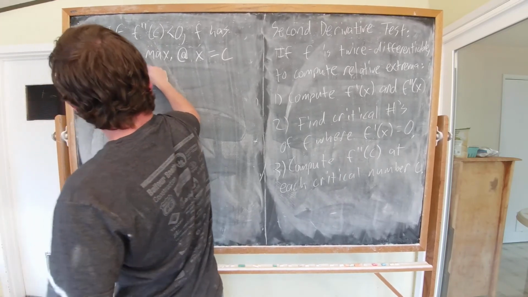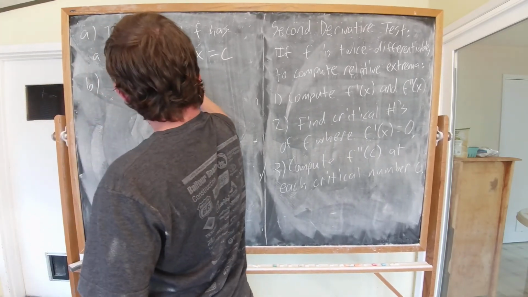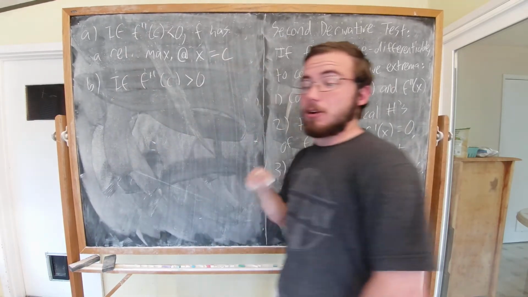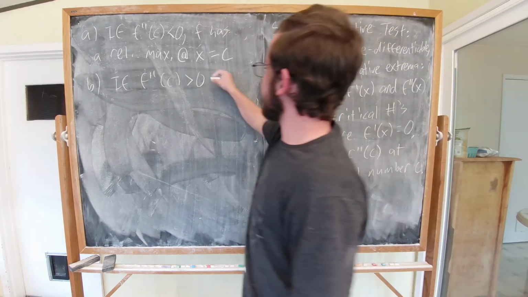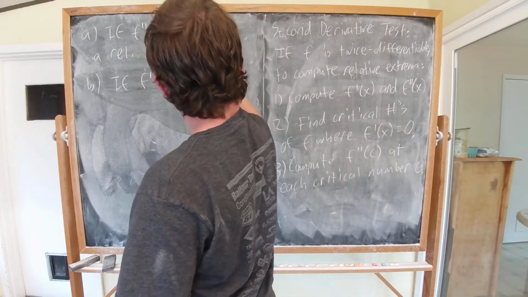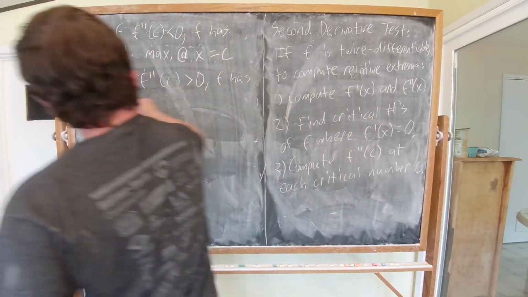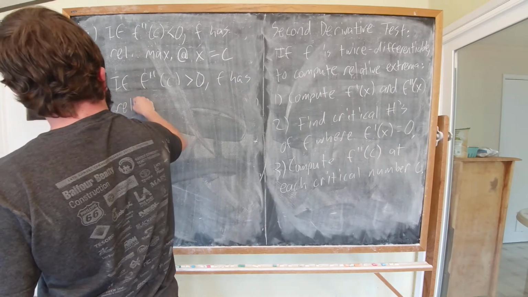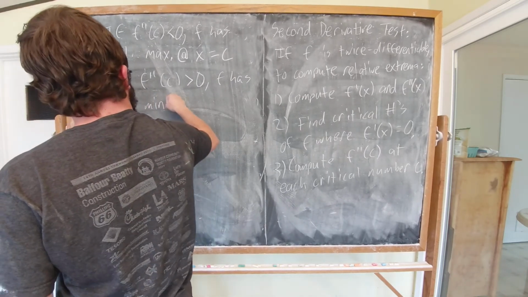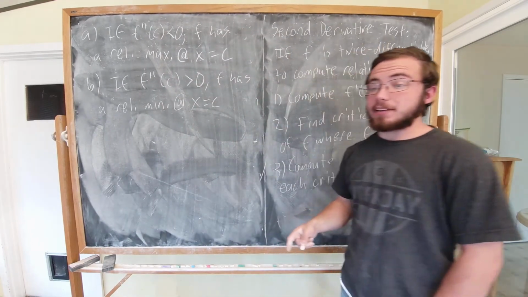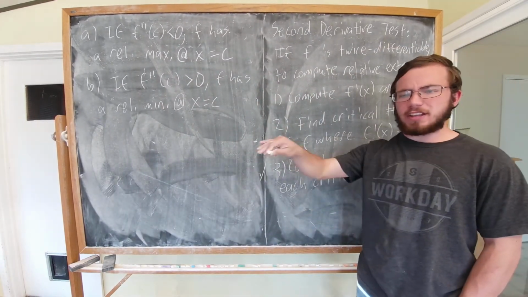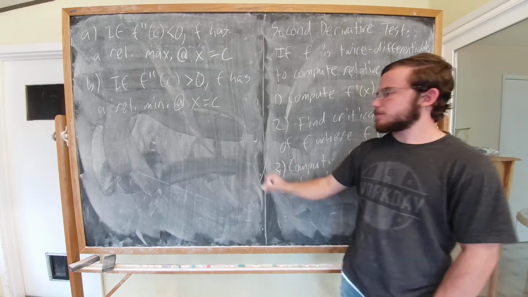If f double prime of c is greater than 0, then the function will have a relative minimum at x equals c. So both of those results make sense. It's a point where the tangent line to the function is flat.